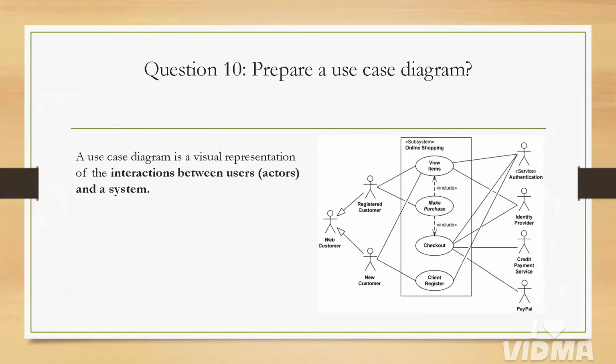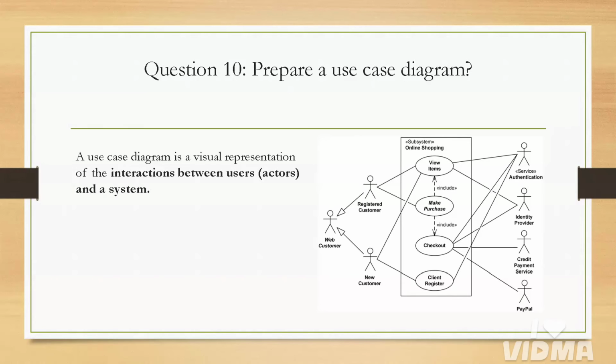And coming to the 10th question, you need to design one use case diagram. This is one of the UML diagrams. As we discussed, whatever functionalities we gathered, we should represent in a high level format to make them understandable for stakeholders in the organization, showing how the interaction will be and how the system works.